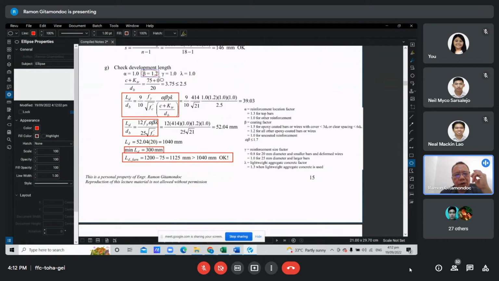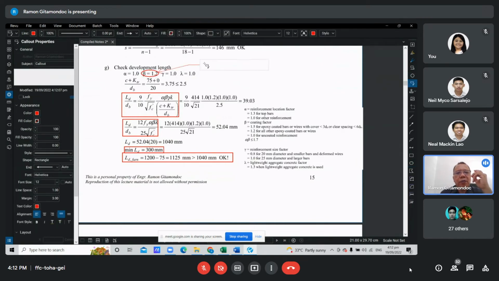So let's change that one. Instead of 1.2, that should be 1.0. We do not have epoxy coating.